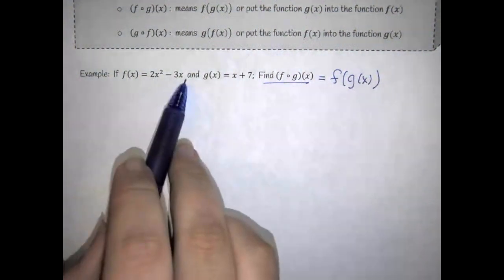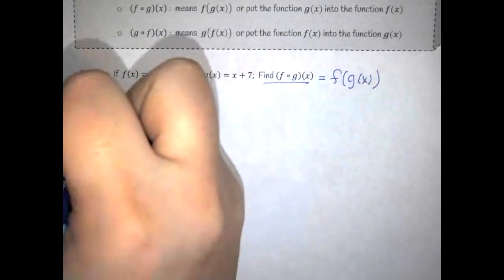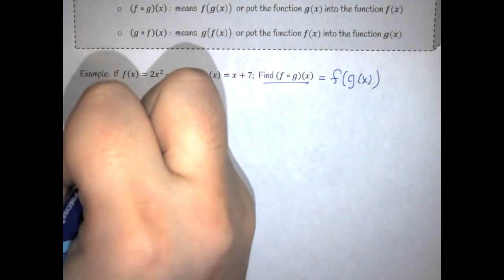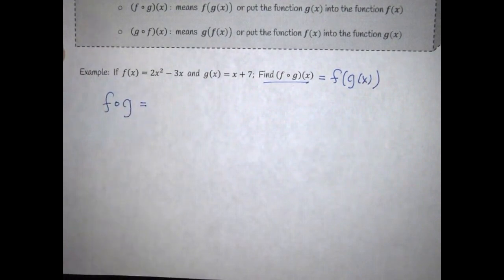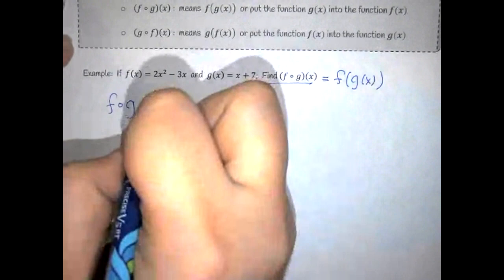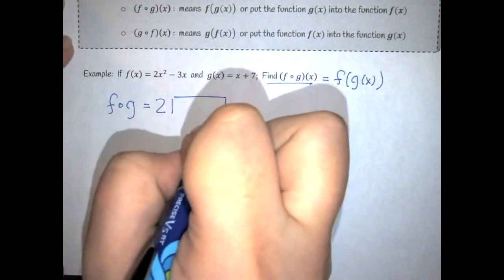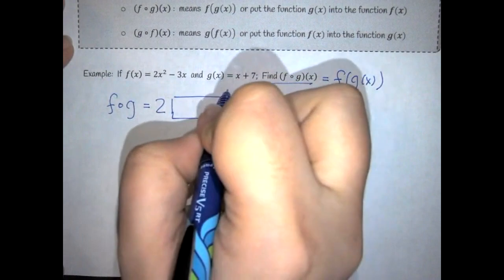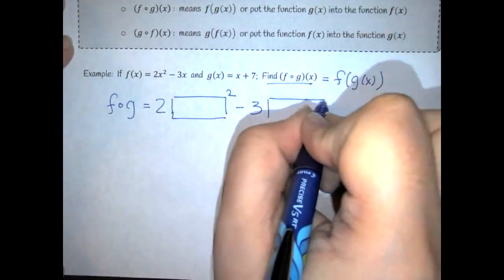And so my f is 2x squared minus 3x. So my composition is going to be that I'm going to take my f and create myself a space. So this is 2 times something squared minus 3 times something.